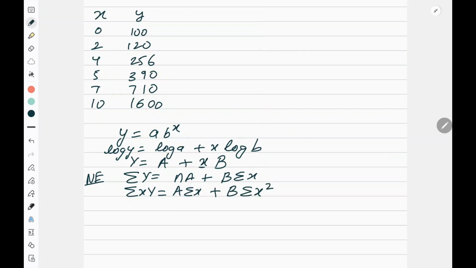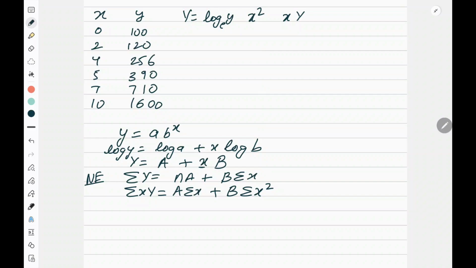Okay. Now what is required? Sorry. I need capital Y. So make a column of capital Y as log of y. Then I need small x square and I need small x into y. Correct. So now let us fill the column. So first you fill up the column of log y.